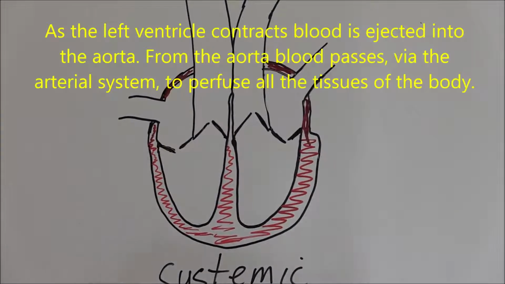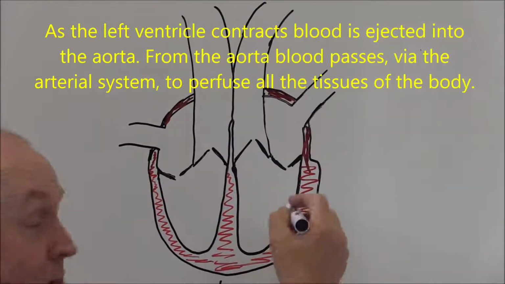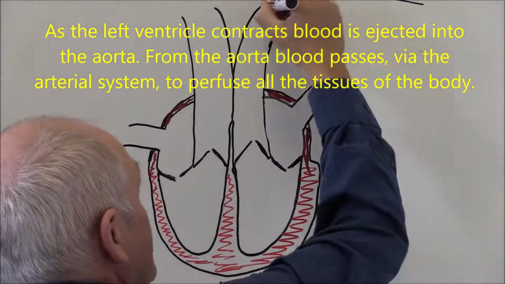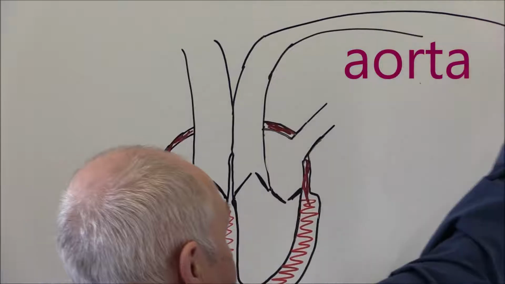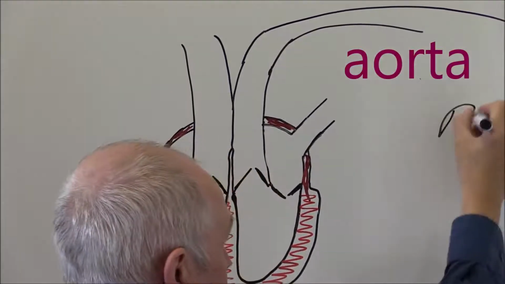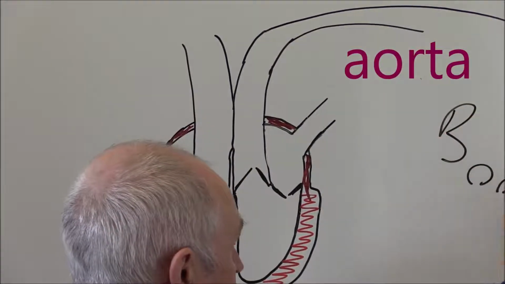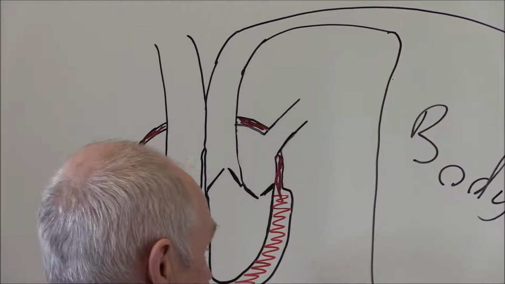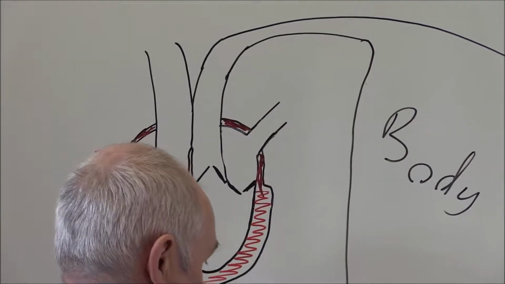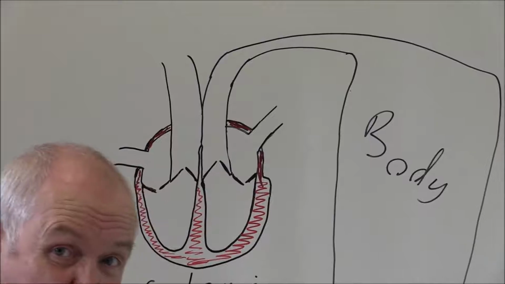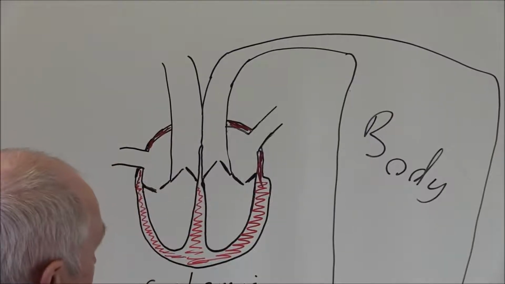Now, the aorta will divide into smaller arteries, and this will take blood to all of the body. So we can represent that like this. This is the body. So that's your brain, your kidneys, your liver, all of the major organs.